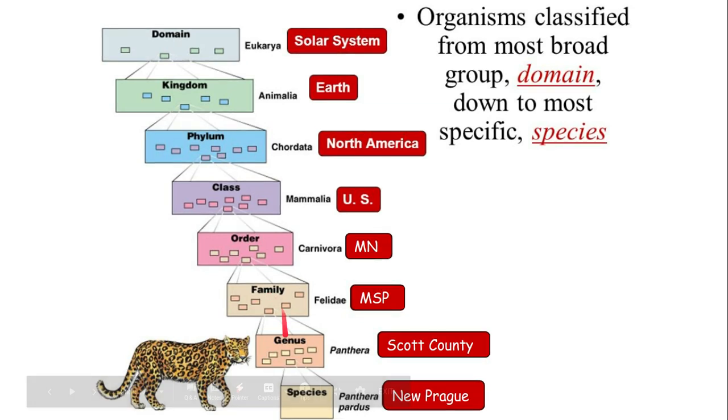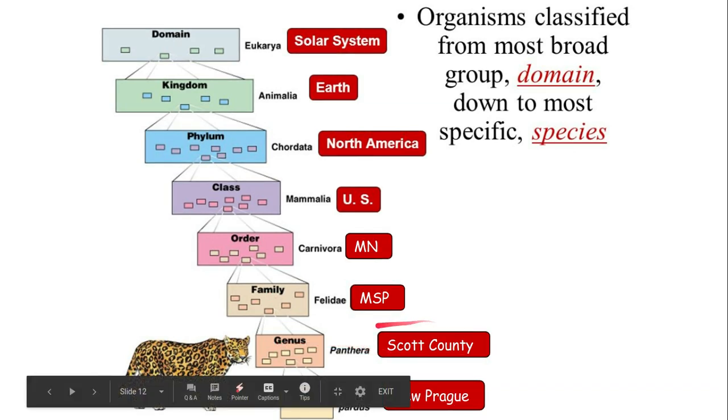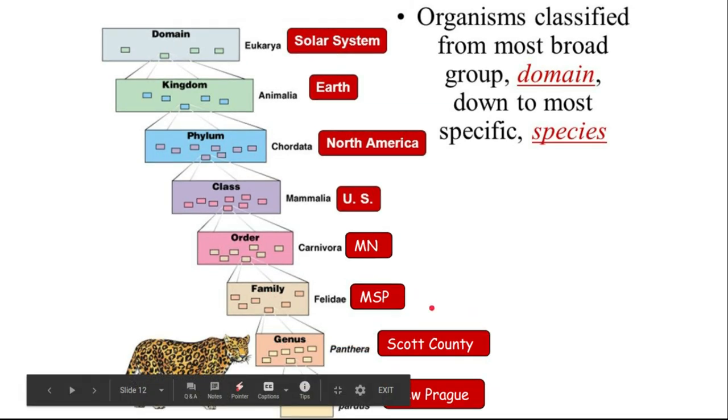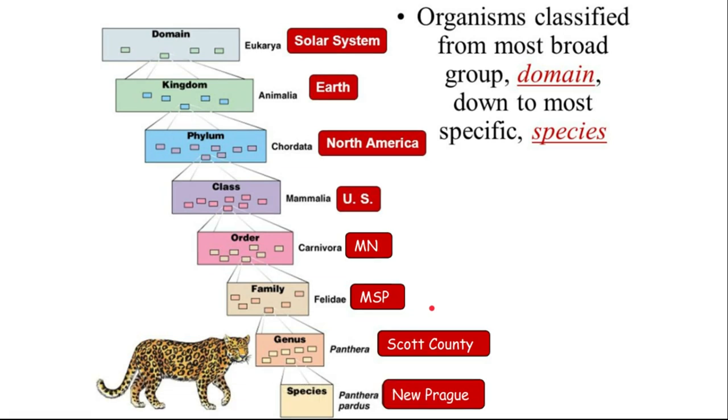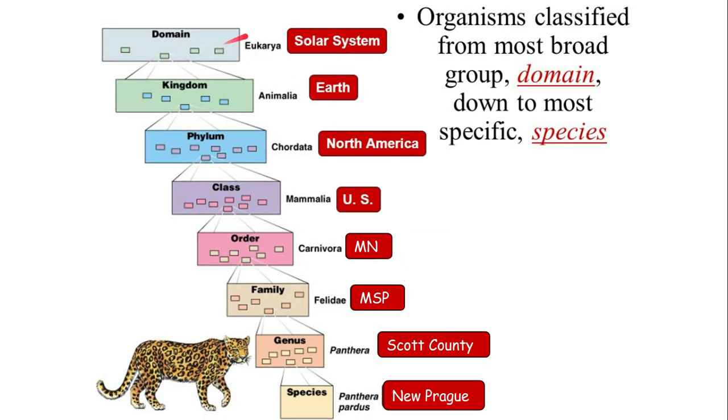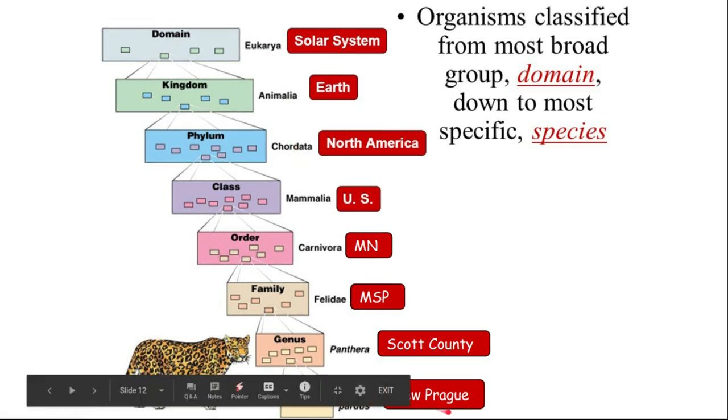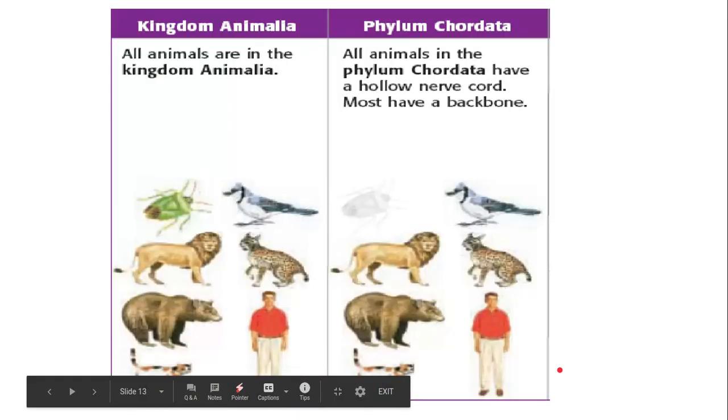Then going from family down to genus, we go to one part of the Minneapolis-St. Paul region, which would be Scott County. And then going down from genus, we go into the species. A smaller part of Scott County is New Prague, the city. So you can see we go from a really broad range at the top in domain, all the way to a really small specific spot down by the species.